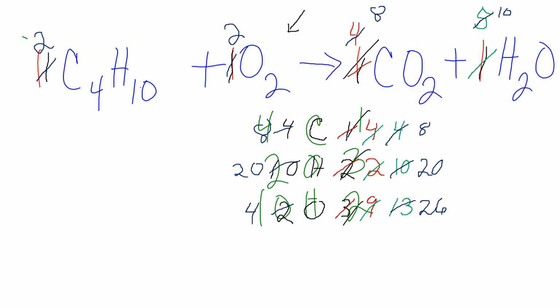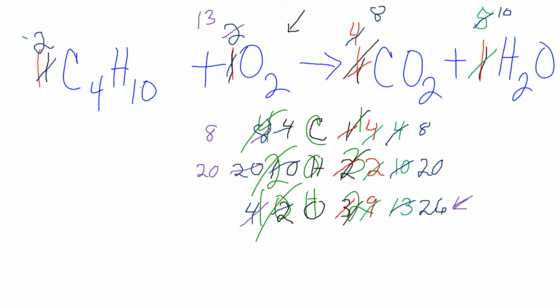They're still fixed. Everything's still fine except for the oxygens, but the trick is that now I need 26, which is an even number, right? So I can just change this to a 13. Recalculate this side. Let's see, I still got 2 times 4 is 8 carbons. 2 times 10 is 20 hydrogens.